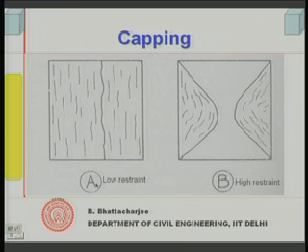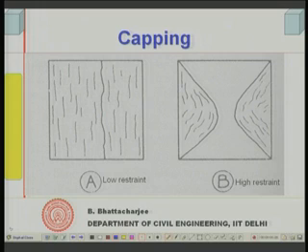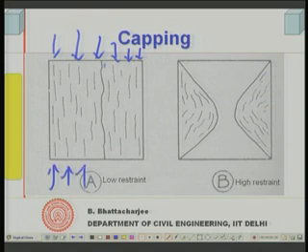Now, this becomes apparent again from the failure pattern actually observed with two types of capping. If I put a low restraint material, the crack comes vertically straight away, because I have applied load like this and I have low restraint, that means a soft capping material.